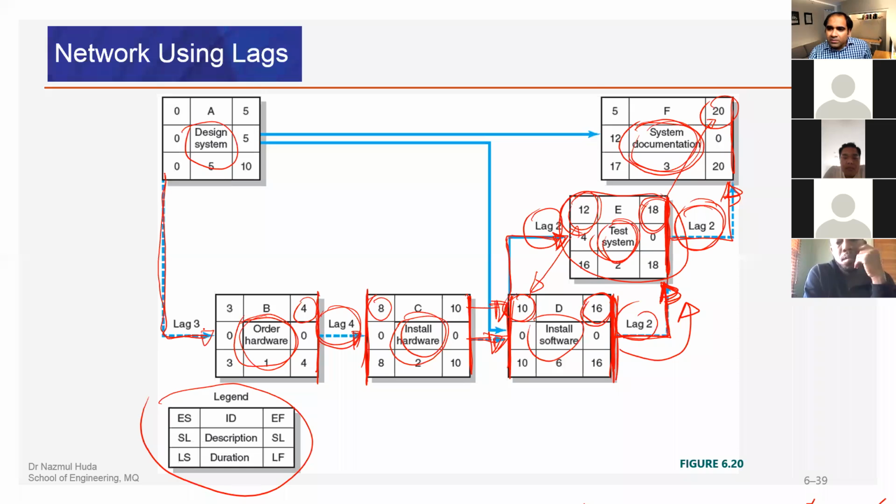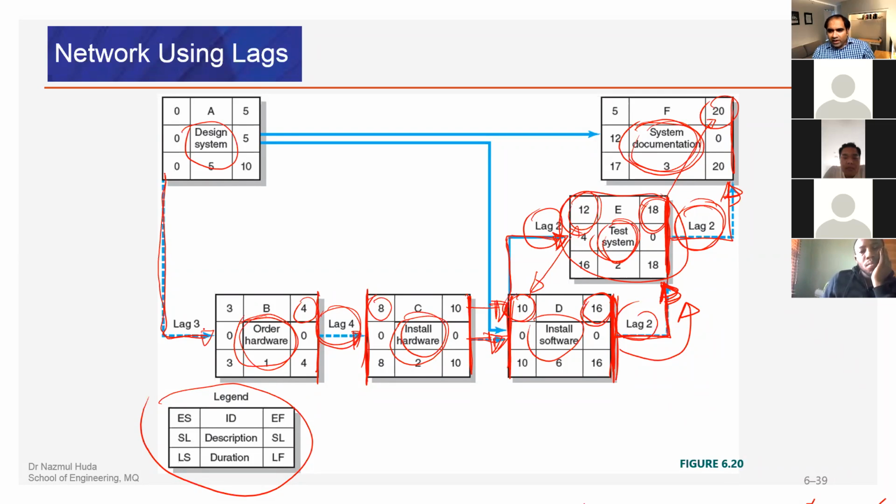I'm getting some questions here, talking about activity D to E. This is a combination lagging process. Yes, activity D to E is a combination lagging process.